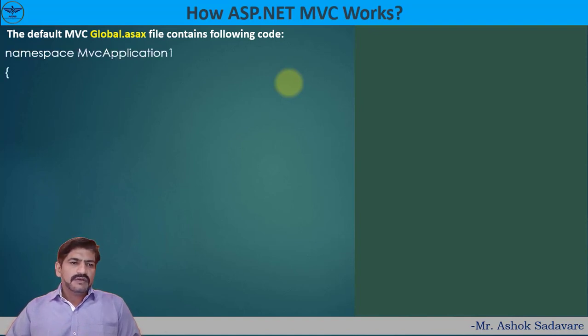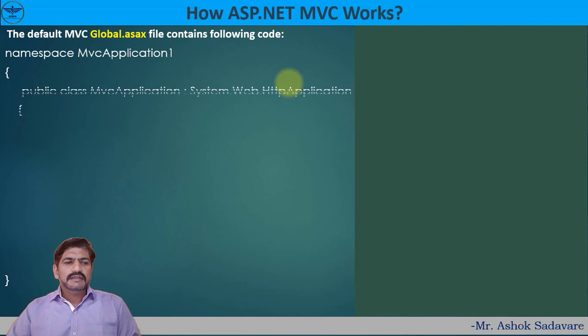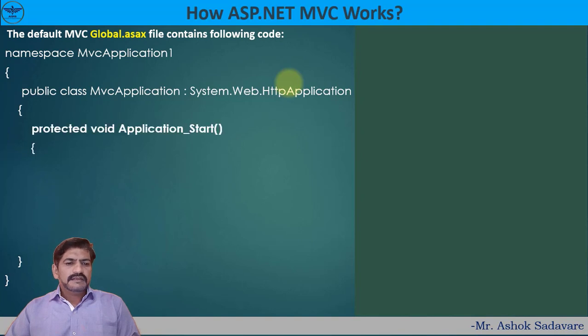Let's observe that code. This is the namespace MvcApplication1, that is the name of the MVC application. Inside this namespace there is a public class, which inherits the System.Web.HttpApplication class. Inside this class there is the Application_Start method, which is predefined.